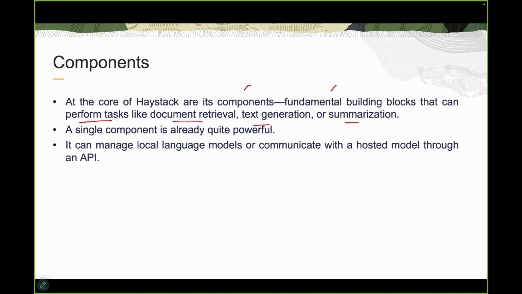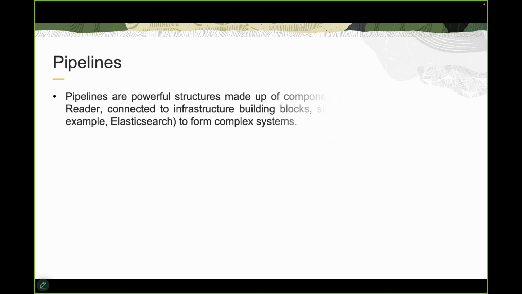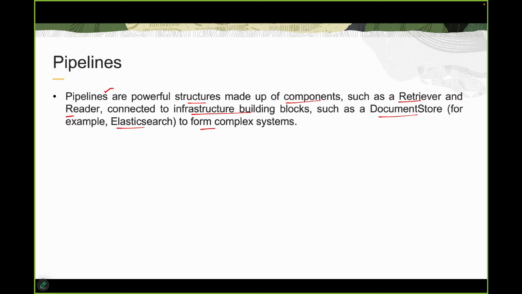It can manage local language models or communicate with hosted models through an API. And then we create pipelines here. Pipelines are connecting tools. Pipelines are powerful structures made up of components like retriever and reader, connected to infrastructure building blocks like a document store, for example Elasticsearch, to form complex systems.